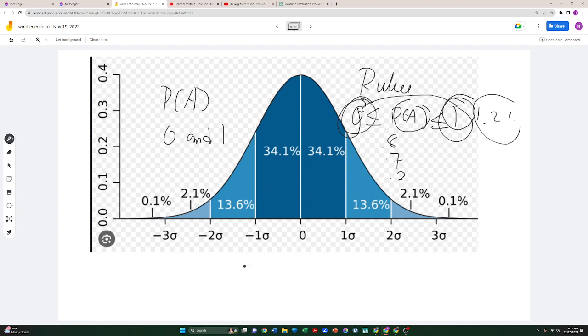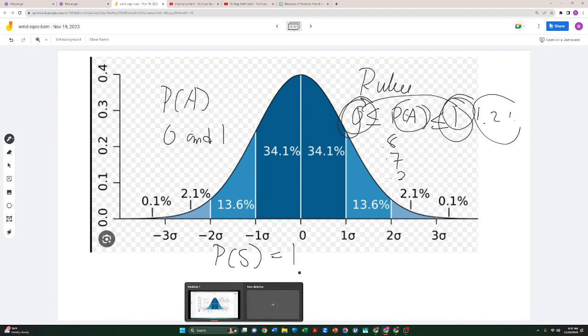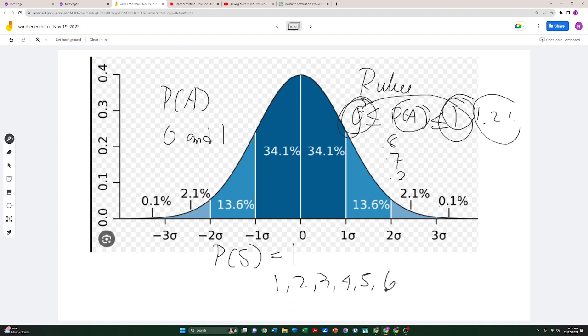Okay? And the second rule of probability is that P of x is equal to 1. The probability of the entire sample space is 1. Again, for example, sa dice, isa ka die, numbering na 1, 2, 3, 4, 5, 6.